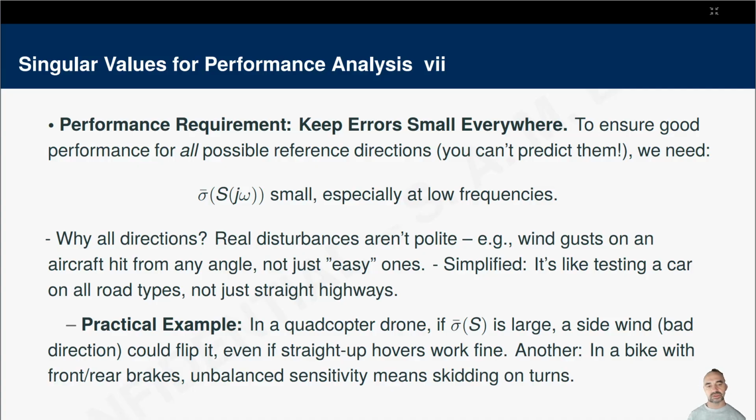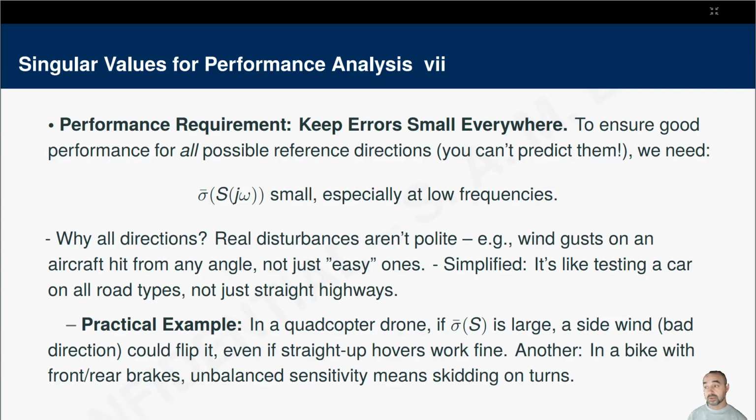Because sigma bar is the worst case scenario for your S, the transfer function from reference to error, and it needs to be small, since a small sigma bar means disturbances can be smoothed out, especially at low frequencies.